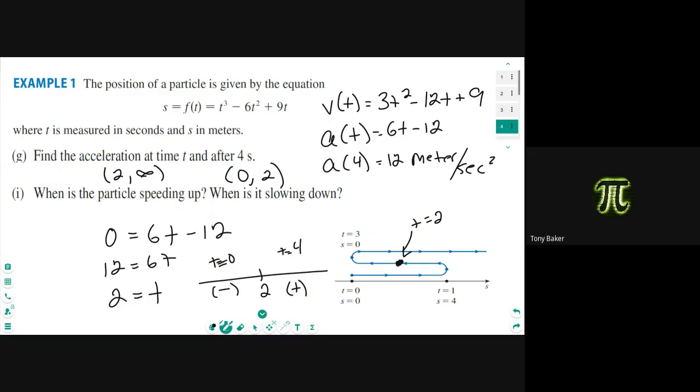So it worked. It gave us the number we wanted, but technically you can't do that. So from when it's starting, it's decreasing all the way up to there. And then from there, it starts increasing after that.